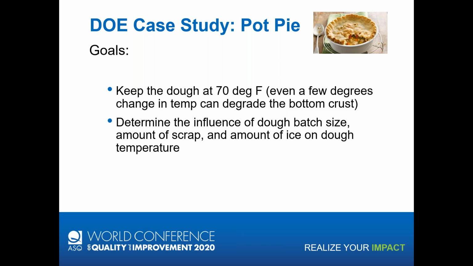They have found out that there are some possible things that might affect this consistency of dough temperature. And so they want to figure out the influence of the dough batch size, how much of the dough are they making at once, whether they can rework dough scrap back into the process. I mean, because what manufacturer doesn't want to keep recycling some stuff and keep their overall waste to a minimum?